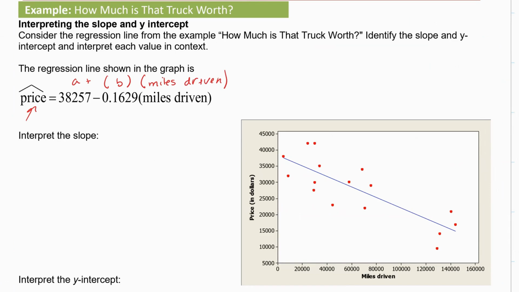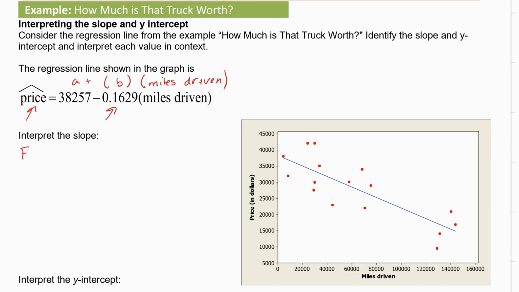All right, so let's take a look at this model and let's try to interpret the slope. Again, what we're saying is this is how y changes as x increases by 1 unit.